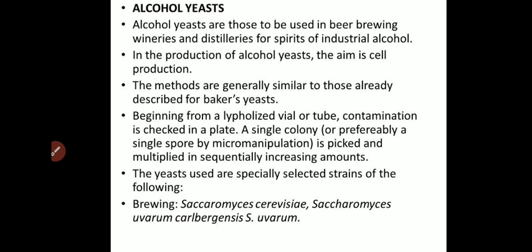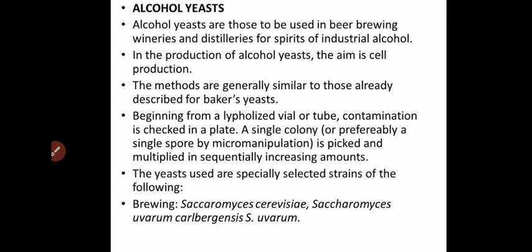These plates are checked for contamination. If no contamination is present and pure, isolated colonies of yeast cells grow, then a single colony or a single spore is isolated or picked up, and it is inoculated in the medium where it can multiply in a larger amount.